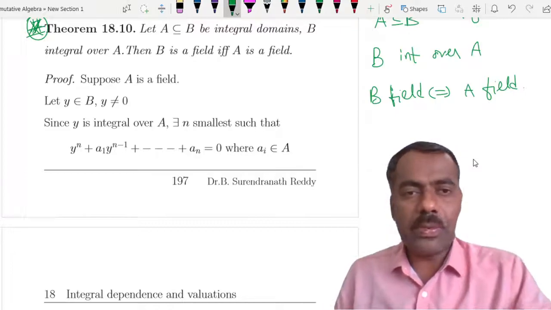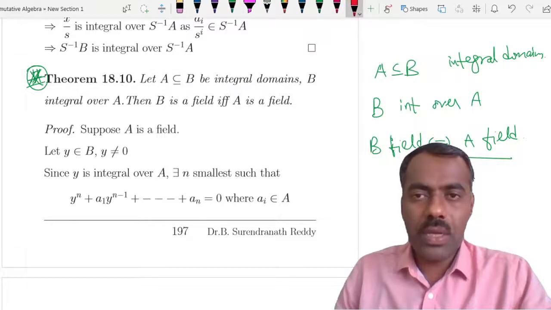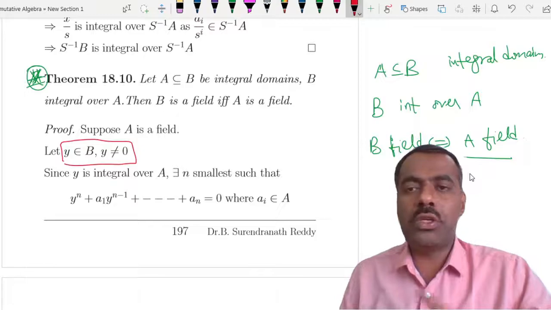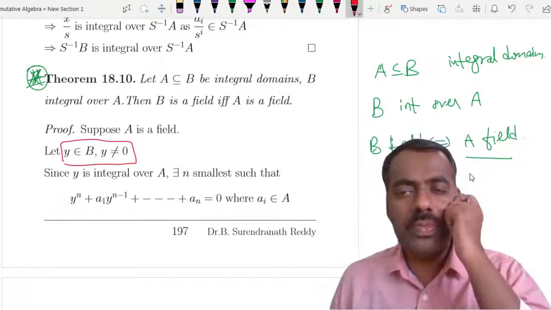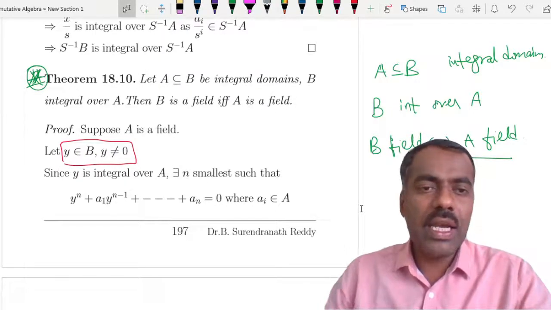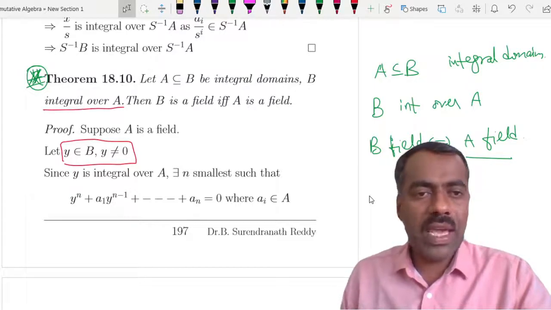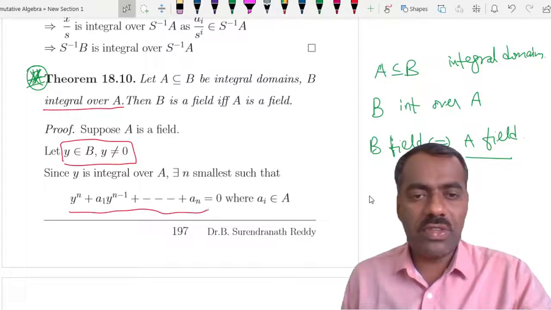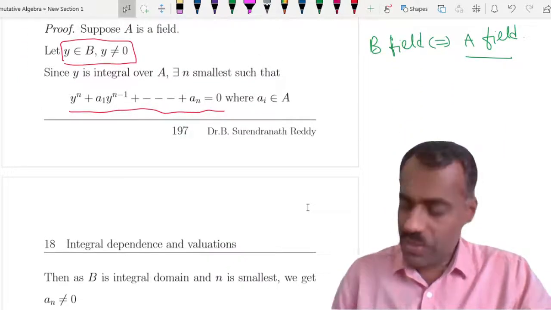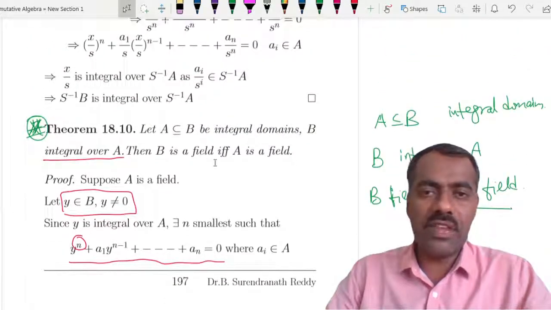Assume that A is a field; then we want to show that B is a field. So start with a non-zero element y belonging to B. We want to show that y inverse also belongs to B, so that B will become a field. How do you do that? Given that B is integral over A, y satisfies some expression of this form where the a_i are coming from A. We can select this n in such a way that n is the smallest possible, by using the fact that they are integral domains.